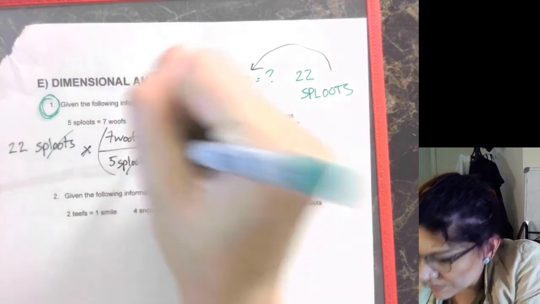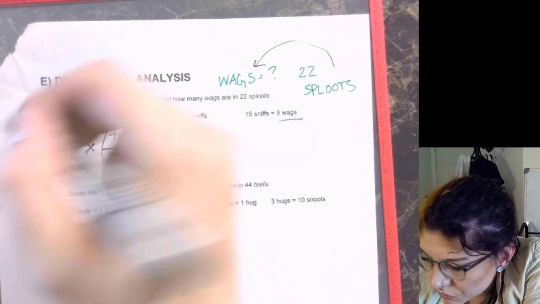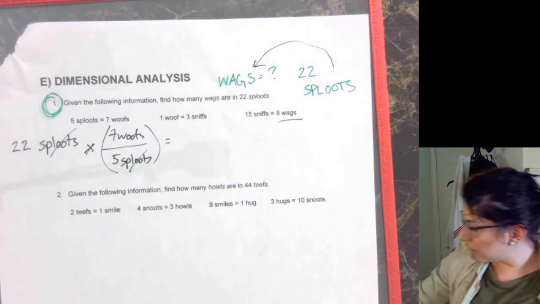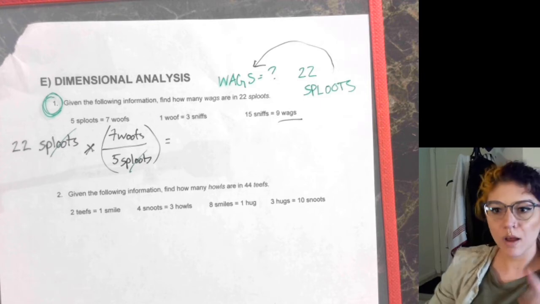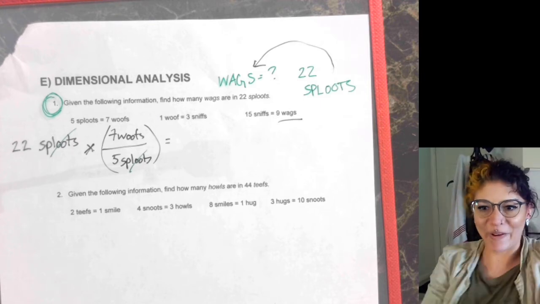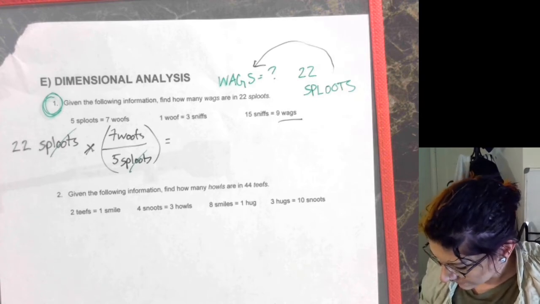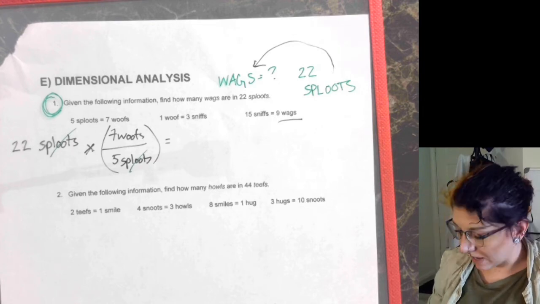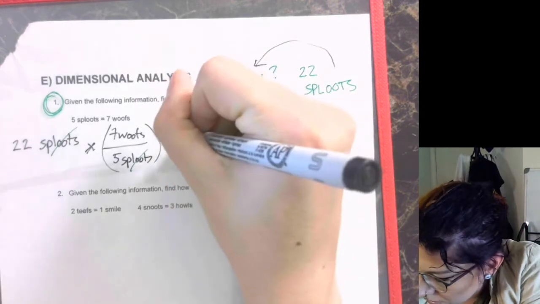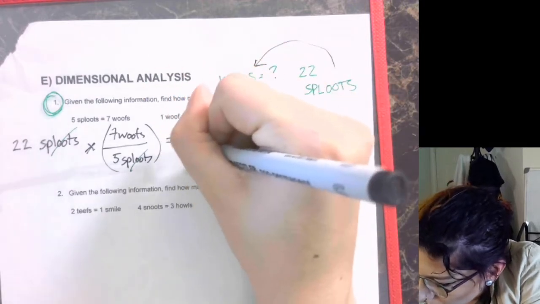So sploots cancels out, and I get 22 times 7 divided by, where is my calculator? Hold tight. There we go, got my calculator. 22 times 7 divided by 5 is 30.8 woofs.